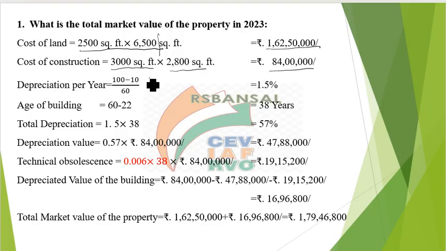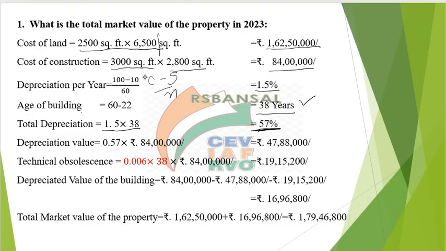Depreciation: you know the formula, (C minus S) upon N, that is 100% minus 10% upon 60, which is 1.5% per year. Age of the building is 38 years, as we have already discussed. Total depreciation is 1.5 into 38, so 57% has depreciated.